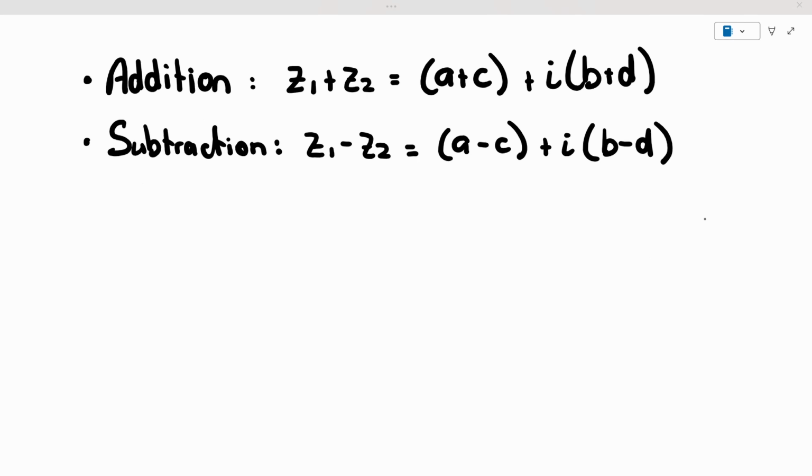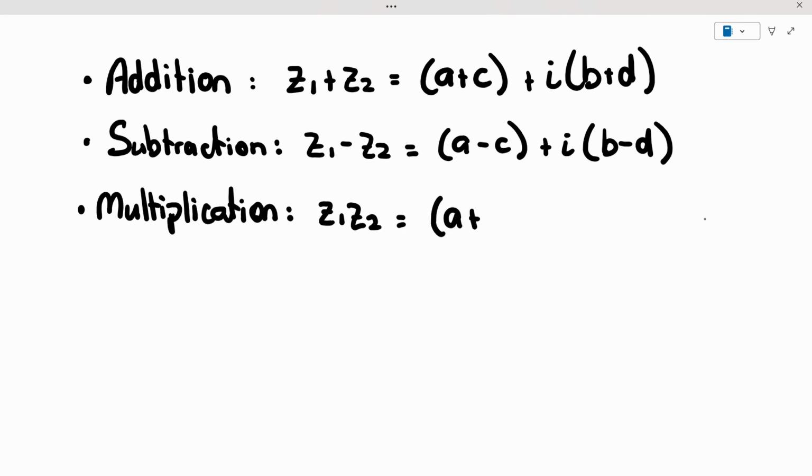We can multiply two complex numbers. If we had z1 times z2, then it's a plus bi times c plus di, and we can use our distributive law here.